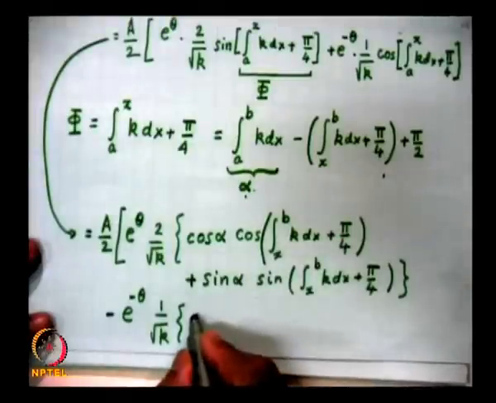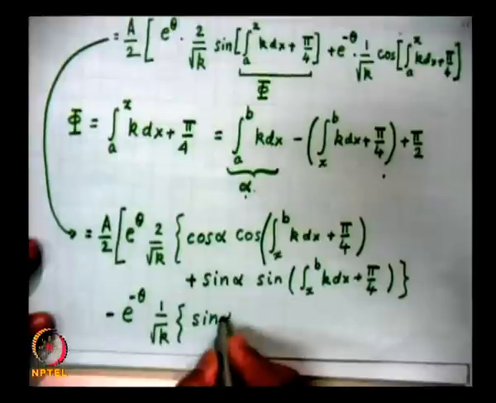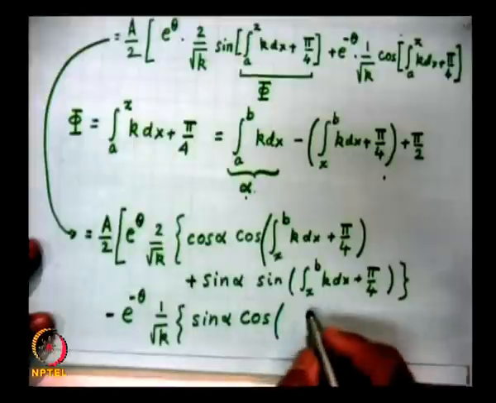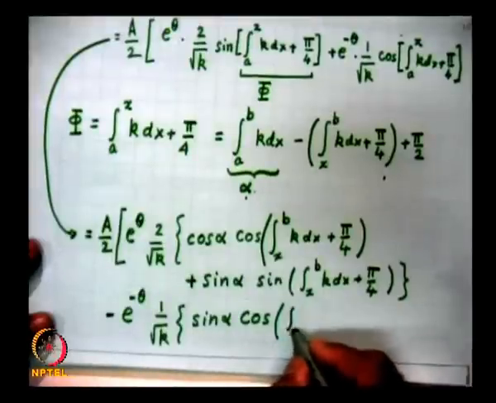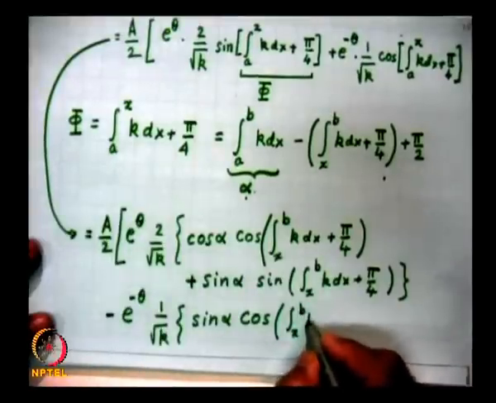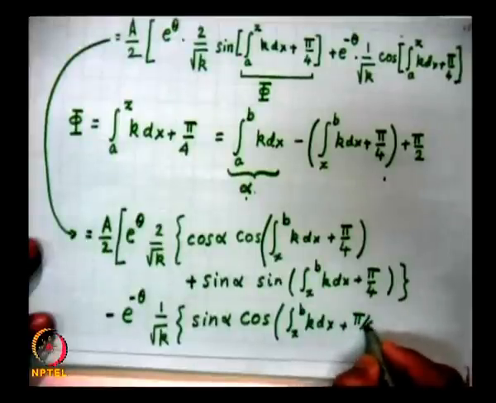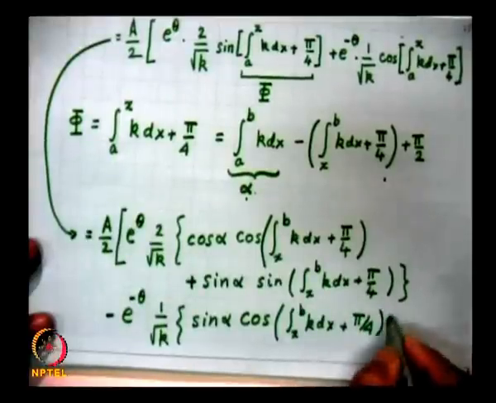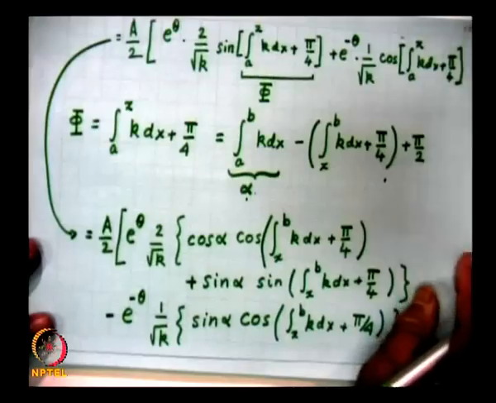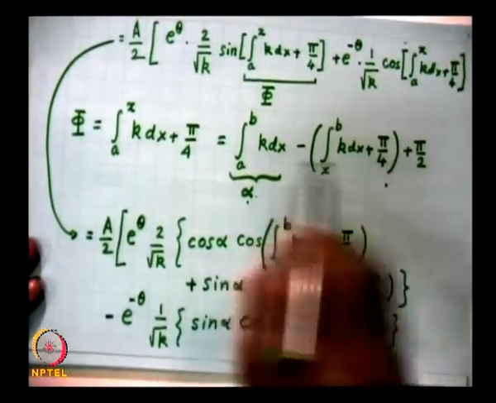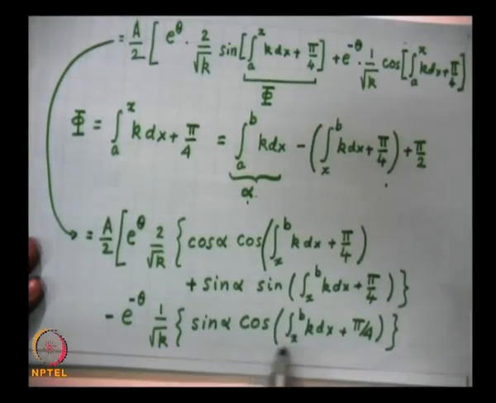So, this will be sine alpha cos of the same quantity x to b k dx plus pi by 4, and then this will be minus cos alpha sine of this thing.